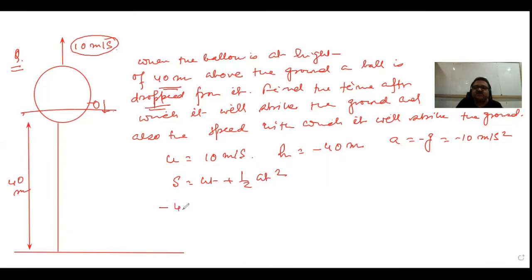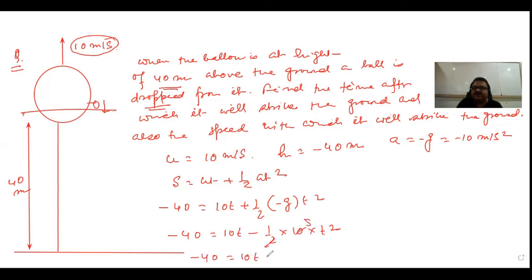That is minus 40 meters, correct? What is u? 10. t, look at this, plus half minus g t square. What is that? Minus 40, 10t, g is 10, t square, cancelling it. So minus 40, 10t minus 5t square.